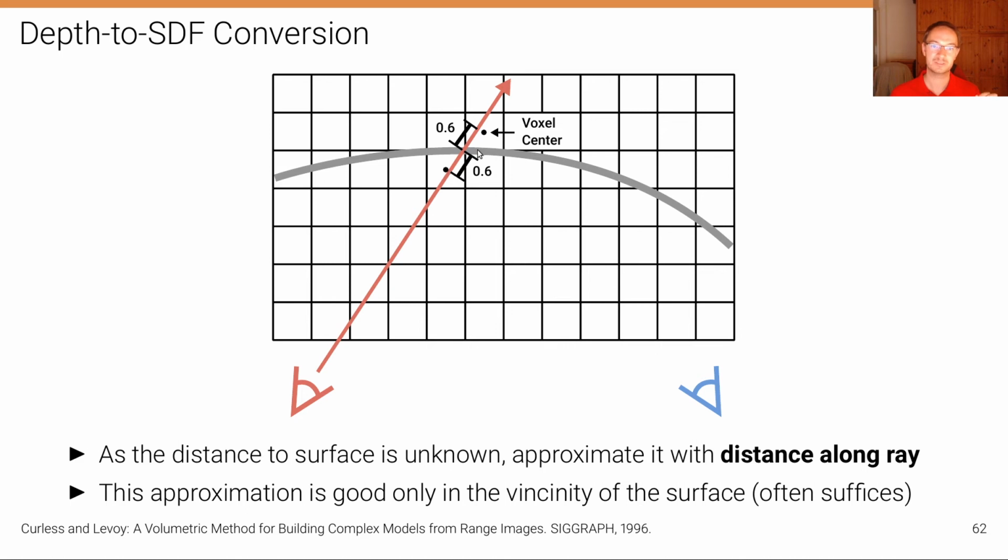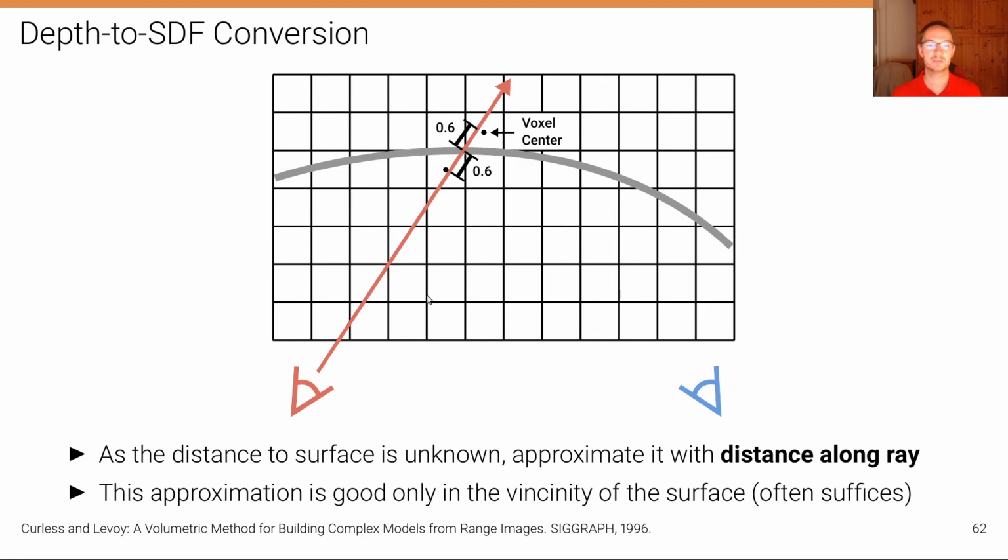So for each voxel center, we measure distances along the ray, and we consider the voxels that intersect the particular ray. So for this ray, we consider all these voxels that intersect. We take the voxel center and measure distances to the intersection along the ray, because that's something that we have easy access to. And it's a good approximation, for example, in the vicinity of the surface.